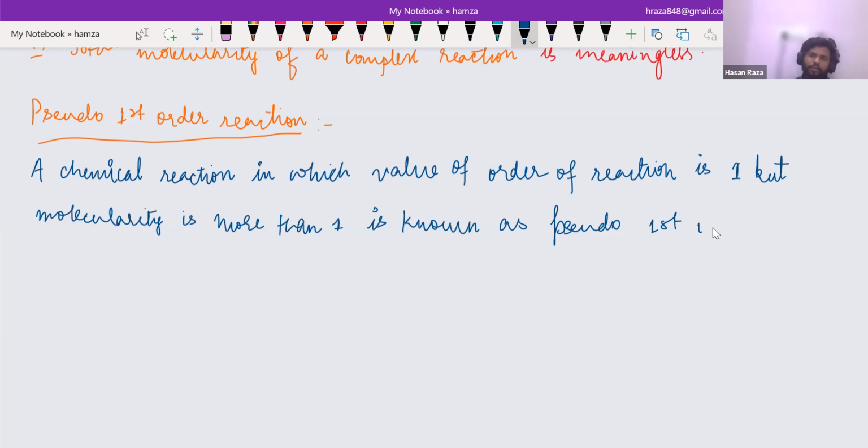That means you can understand order of reaction is 1 and molecularity greater than 1. That type of reaction is known as pseudo first order reaction.